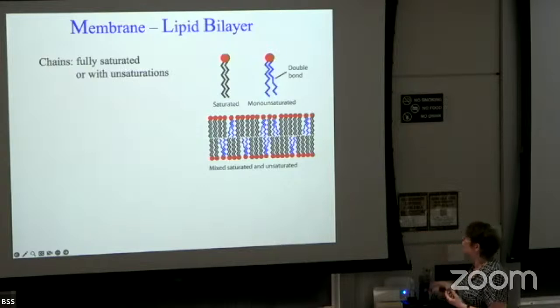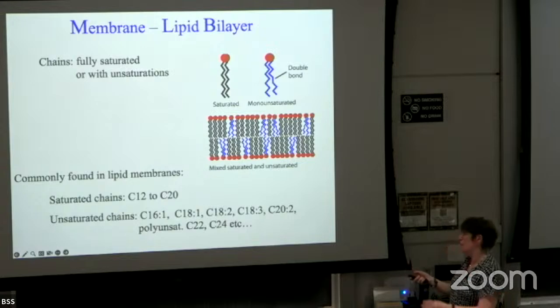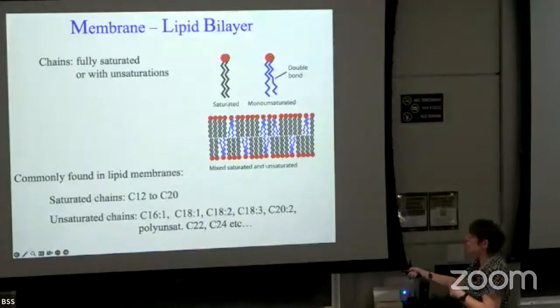And of course, they can also mix saturated and unsaturated chains. What is very striking is that if you look at the composition of cell membranes, they have a variety. You can see that the saturated chains have a number of carbons ranging between 12 up to 20.